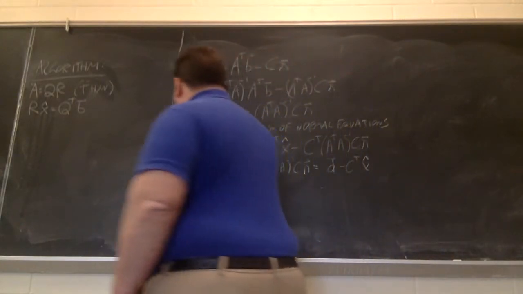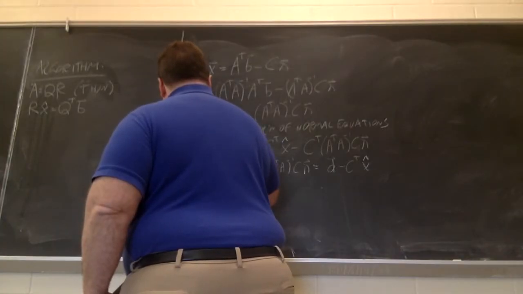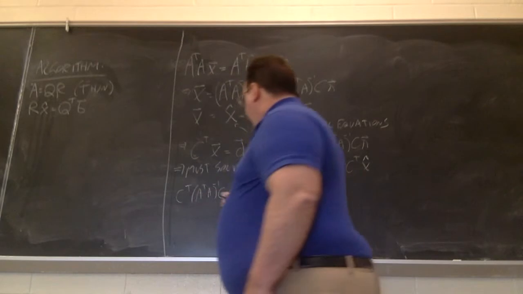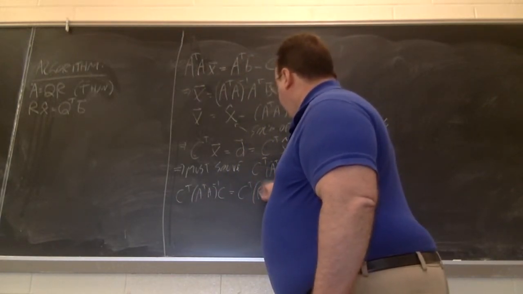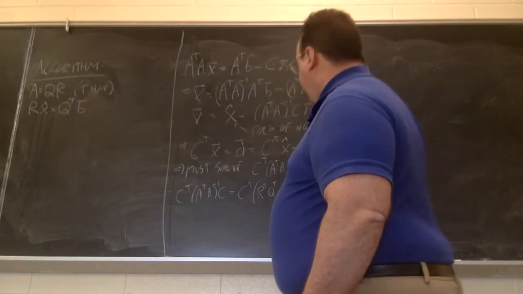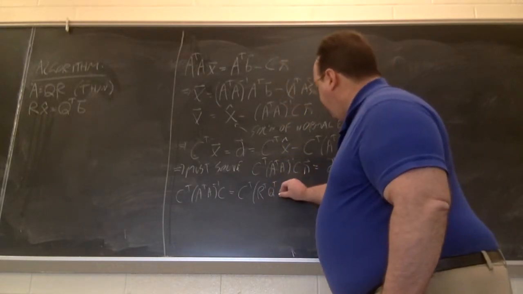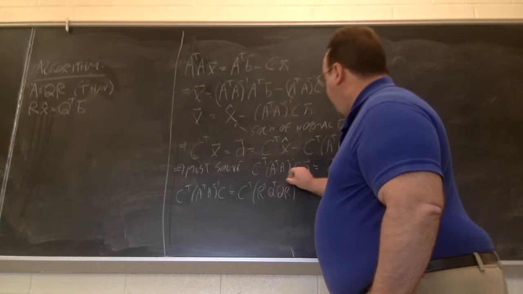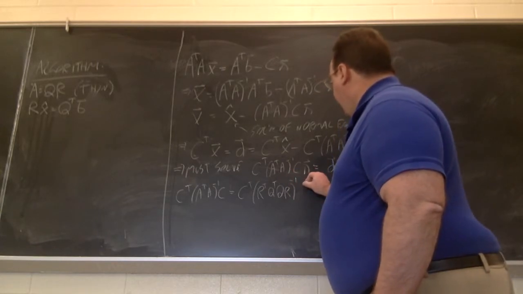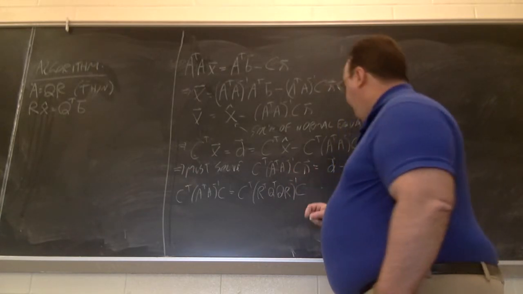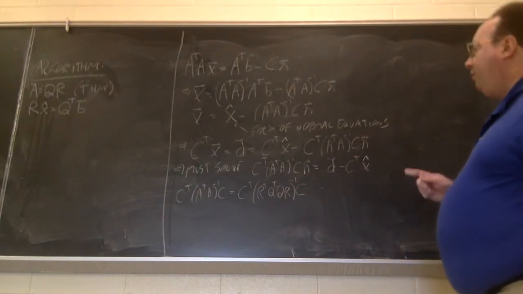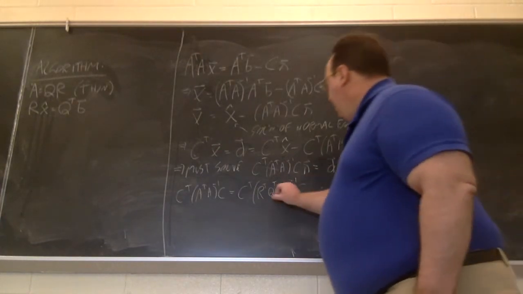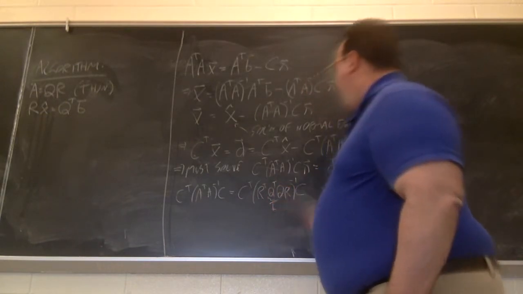So if I write out C transpose A inverse C, I fill in the QR factorization for A. So I have R transpose Q transpose for A transpose, and that A is equal to QR inverse. Then we have C. Now Q is a matrix that is not square, but it has orthonormal columns. So Q transpose Q is identity.